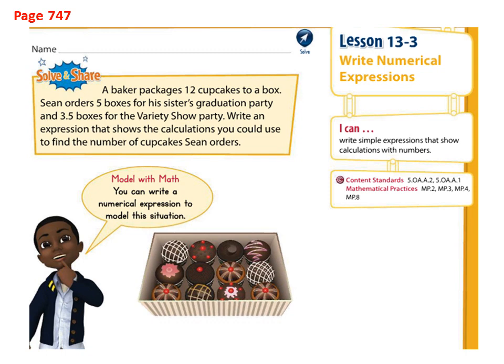Of course, in this question, we have two things: 12 cupcakes in each box, and 5 boxes, and another 3 5/10 boxes. So of course, 12 cupcakes will repeat 5 times, and it will repeat 3 5/10 times.